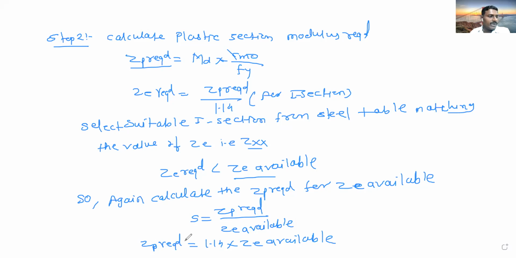So this ZP we have to use afterwards. This is the requirement of ZP, or actual ZP would be there. So write down this. So this step is very, very important.